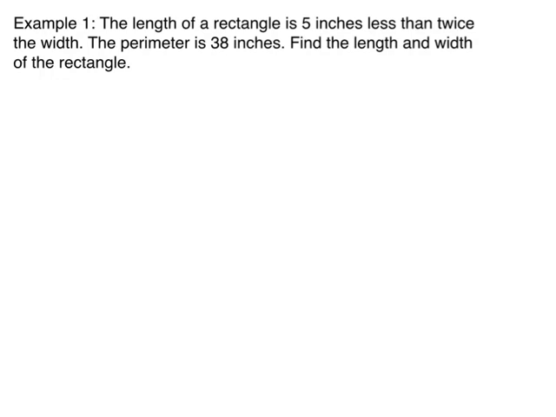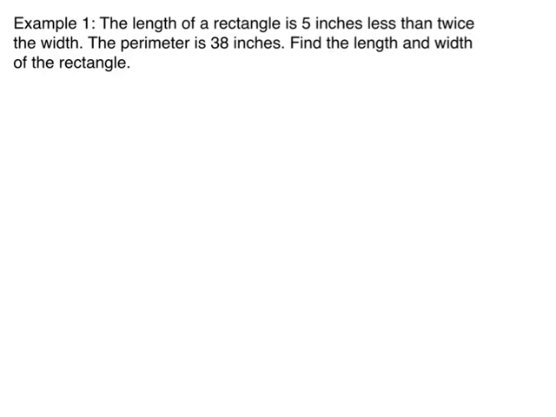So the things that we do know is we know that the perimeter is 38 inches, and we know that the length of the rectangle is 5 less than twice the width. So what we need to do is figure out all the known information and how it relates to find out what we don't know.